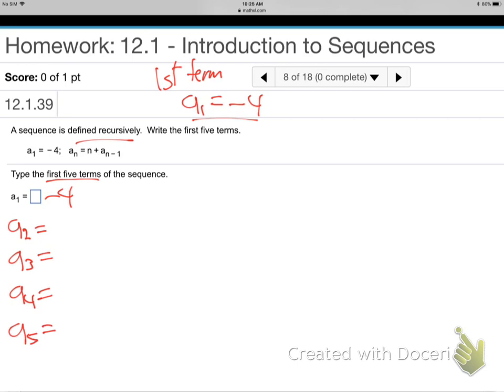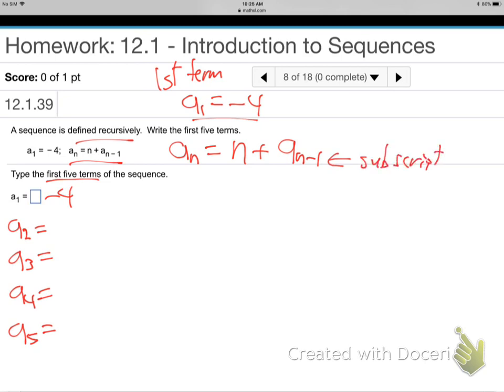What's the second term? Well, this formula tells you how to get the next term each time. It says a sub n is n plus a sub n minus 1. What does that mean? The numbers that are low down are called subscripts, like a superscript.